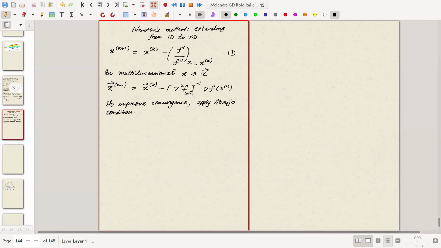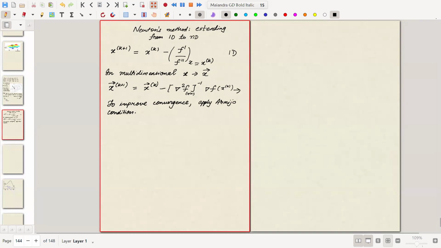All right. So this is the Armijo condition for you. It's exactly similar to this, but let me write it the proper way. x_{k+1} equals x_k, very similar, minus just the step size, grad squared f inverse times grad f.